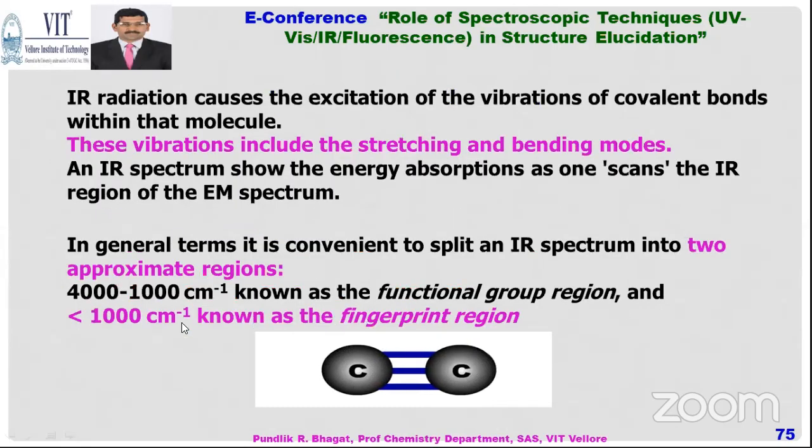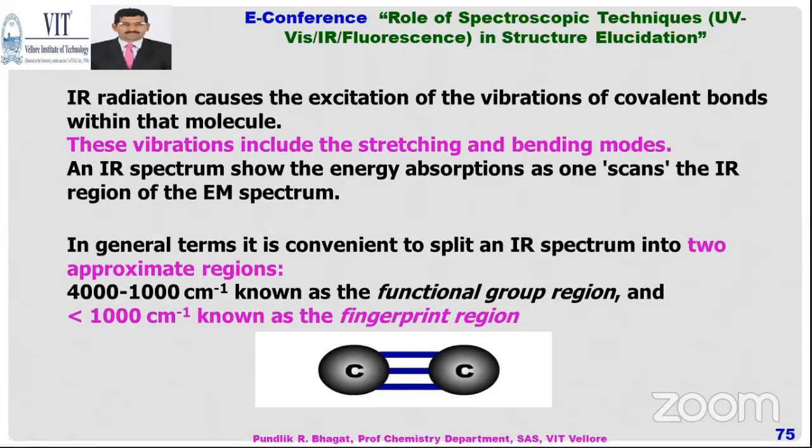Less than 1000 is called the fingerprint region, where just like our fingerprints never match with any other person, the IR spectrum of a particular compound is fixed and never repeated by another molecule. And 1000 to 4000 is the functional group region, which helps to detect different functional groups.